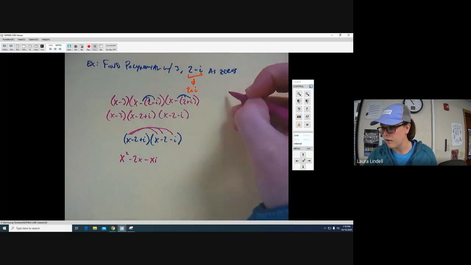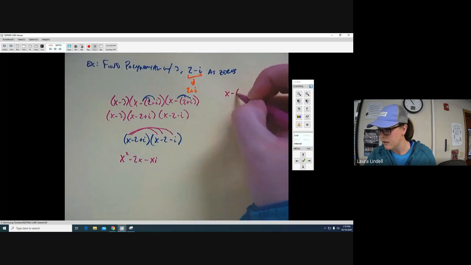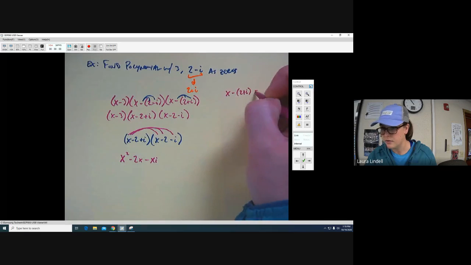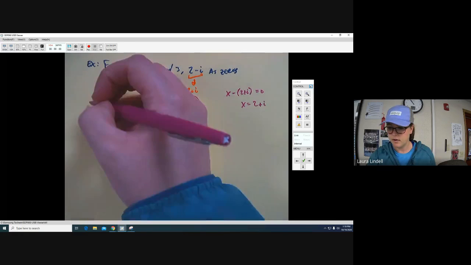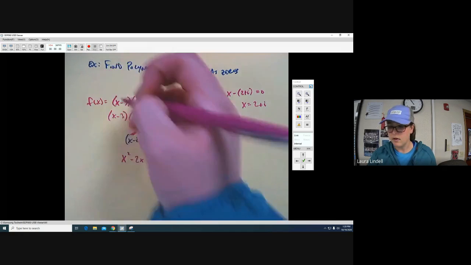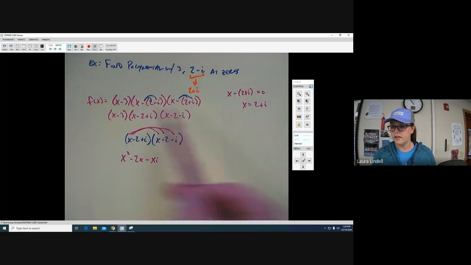So for example here, if I were to go x minus 2 plus i equals 0, then I would add this thing to both sides and get x equals 2 plus i as a zero for my function. So essentially I'm saying f of x equals this, because that makes them all zeros, and then I'm simplifying it.